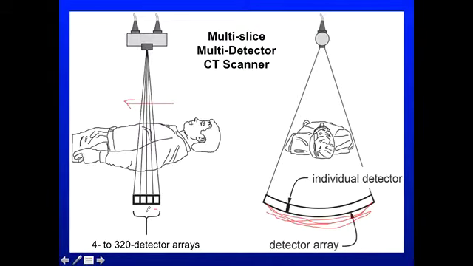And now I'm 4 times as fast, because I'm taking 4 slices simultaneously. Well, let's do 8, and 16, and 64, and 128, and 256, and now Toshiba does 320 slices in this direction. Right? So now you truly do have a 2D detector camera thing that is essentially what you would get if you stood a patient in front of an X-ray machine, right?